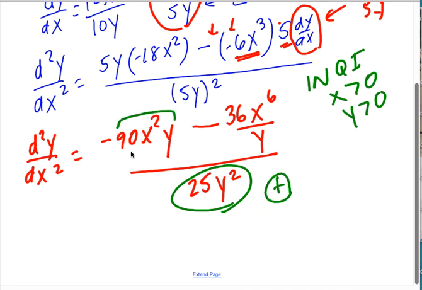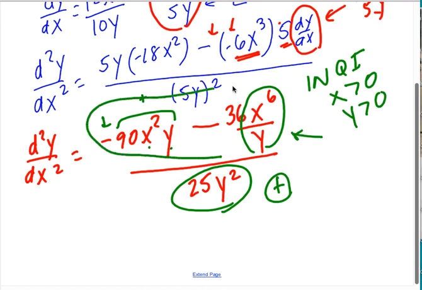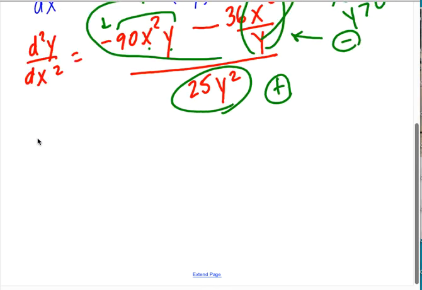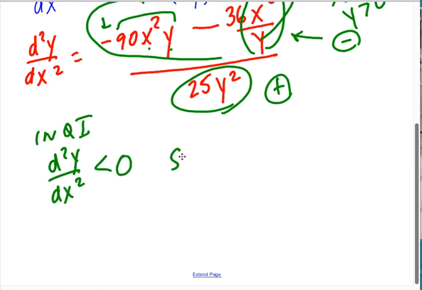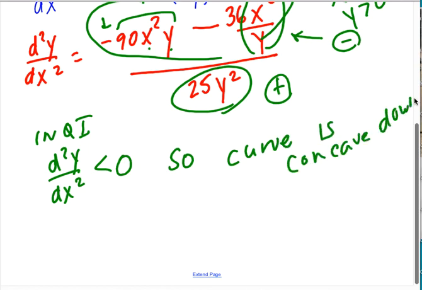If x is positive and y is positive, this is a positive number with a negative in front of it, so it's going to come out negative. These guys are both positive numbers, so this whole thing's going to come out negative. So my argument is the entire numerator comes out negative. So in quadrant 1, d squared y dx squared is less than 0, so the curve is concave down.